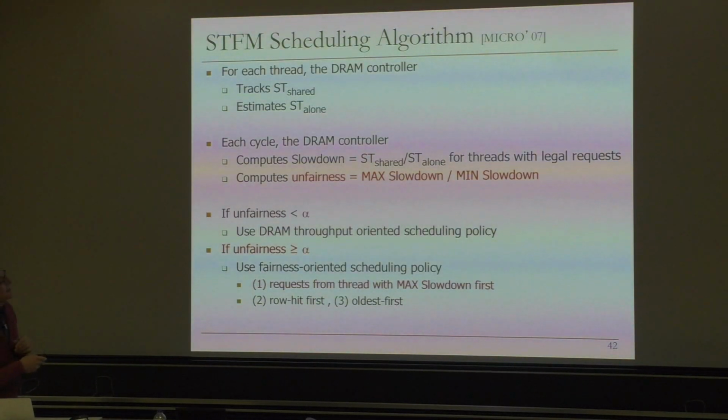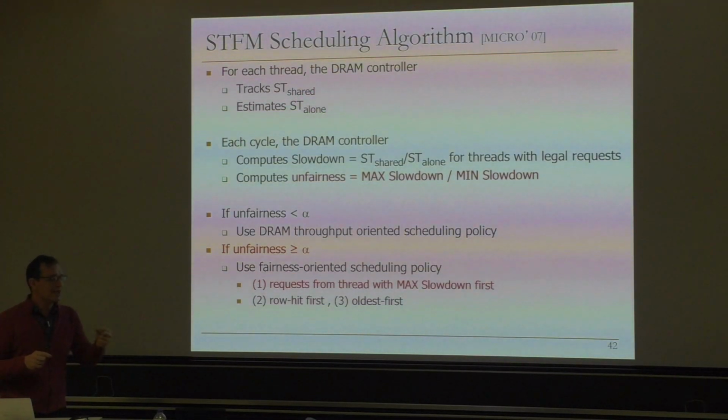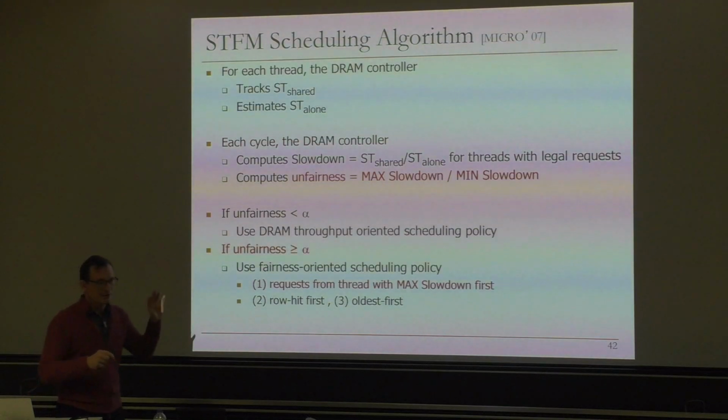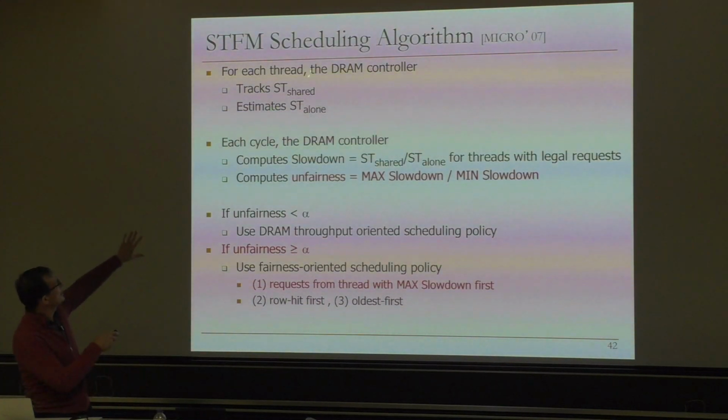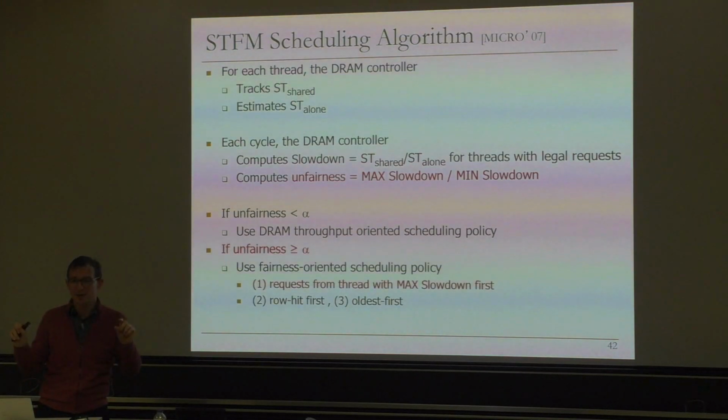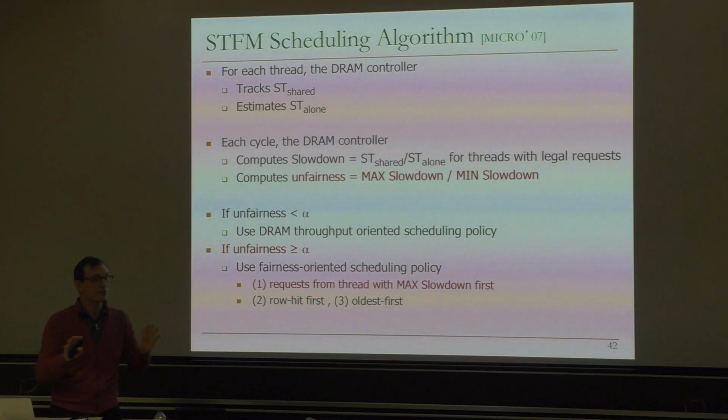So you can guess, for example, how do you estimate stall time alone? The way we do it, at a very high level, is we know stall time shared, you know how long a thread is waiting for memory, right? Whenever you're stalled in the core because you have a request to memory, you can count the number of cycles. That's clearly the number of cycles you're waiting for memory.